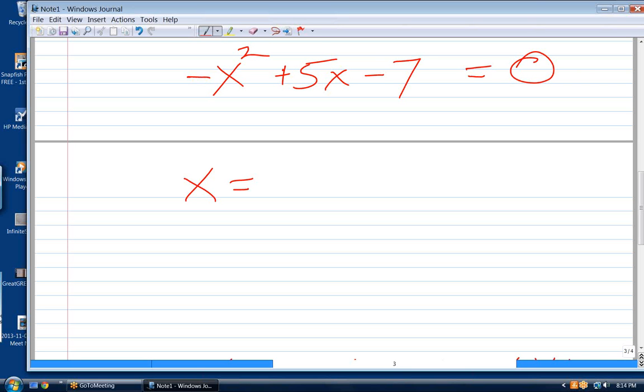It's not really going to help things that much. So let's just go ahead and plug everything into the quadratic formula. First thing, you get negative 5 plus or minus the square root of 5 squared minus 4 times negative 1 times negative 7.